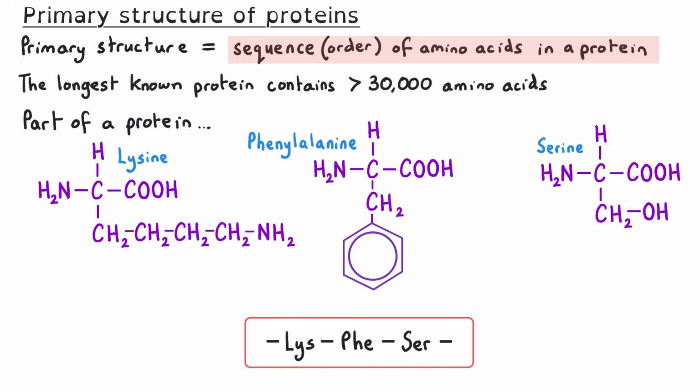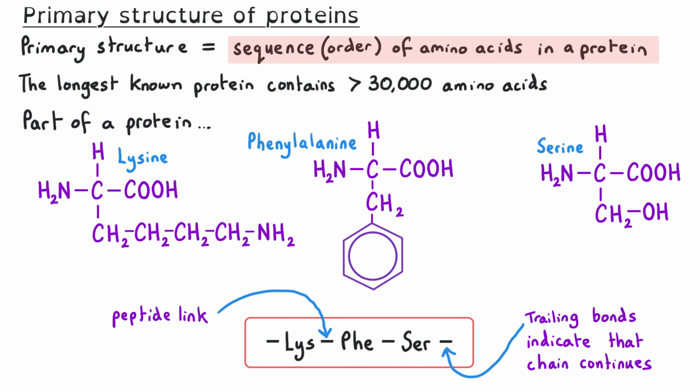The links that we show between the codes indicate the peptide link between each pair of amino acids. And then on the outside are trailing bonds, which indicate that the protein chain continues in both directions after the section shown. All of this means that a long list of many amino acids looks much less complicated.